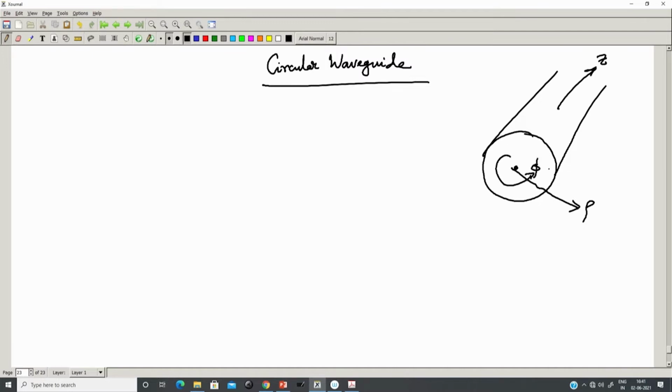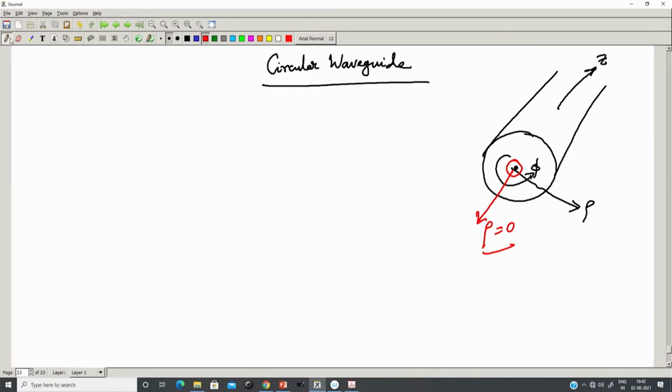Because the point of interest includes this region, which is rho equal to 0, the field decomposition inside the circular waveguide must be of the form of 16, where we use the nth order Bessel function of the first kind for describing the fields along the rho direction.